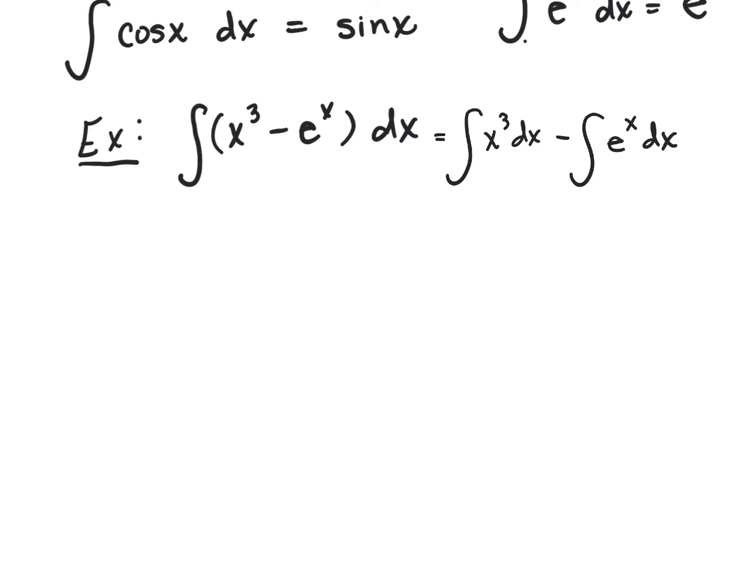As long as there's minuses and pluses, you can just separate it. So what is the integral of x cubed? X to the 4th over 4. So this becomes x to the 4th over 4 minus, what's the integral of e to the x? Ta-da. And then if we have to plug it in, at this point you can plug it in from a to b if you need to.